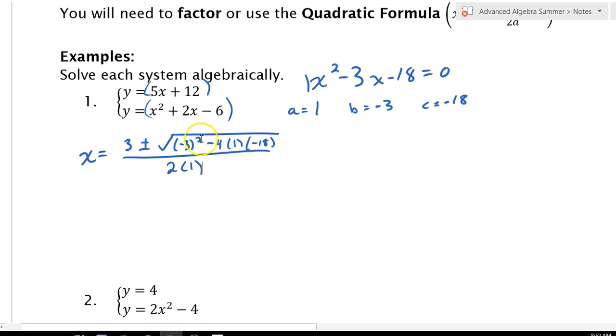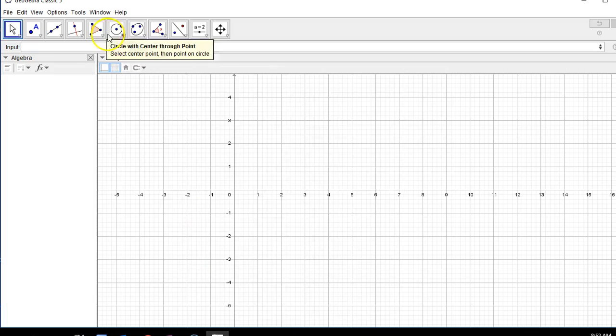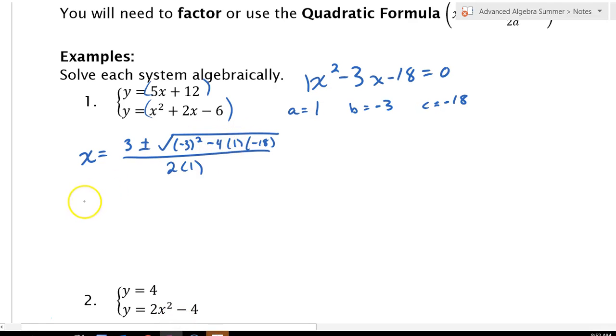All right, so negative 3 squared minus 4 times 1 times negative 18. Good. I get 81. So this will be 3 plus or minus the square root of 81, over 2.